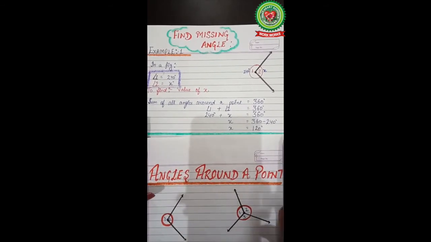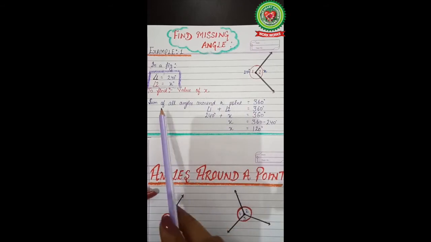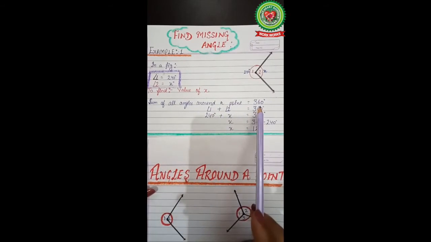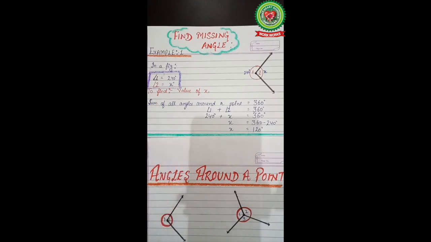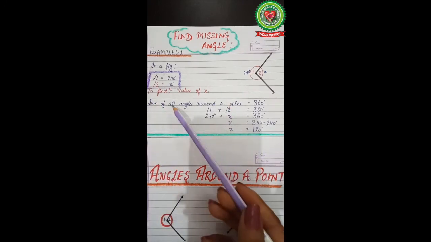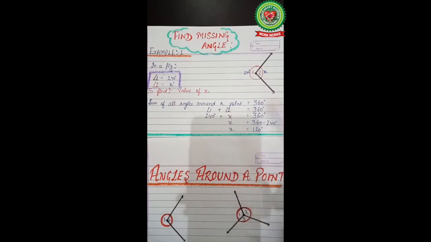Sum means plus. How many angles are around this point? You can see that there are two angles. So you will write here angle 1 plus angle 2 is equal to 360 degrees.